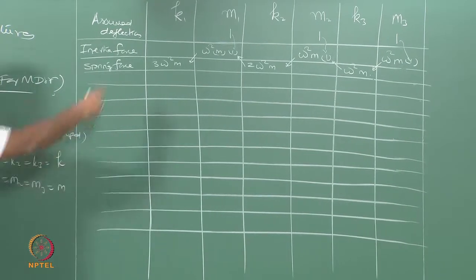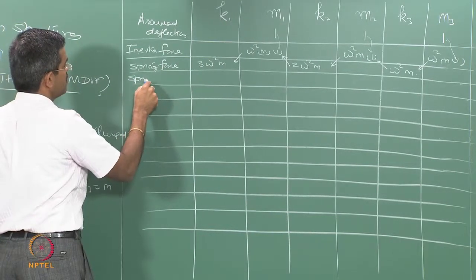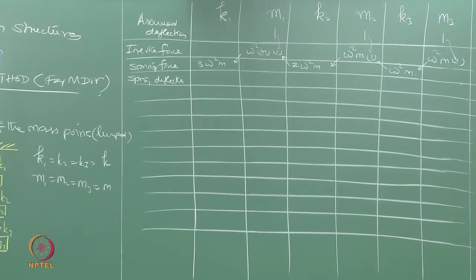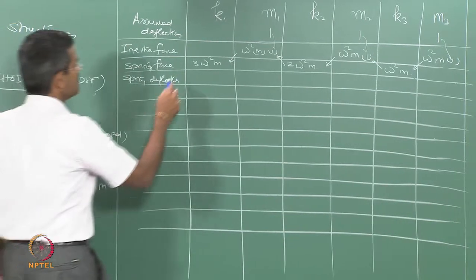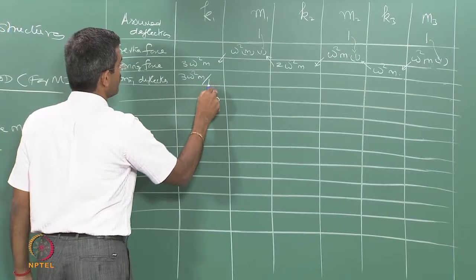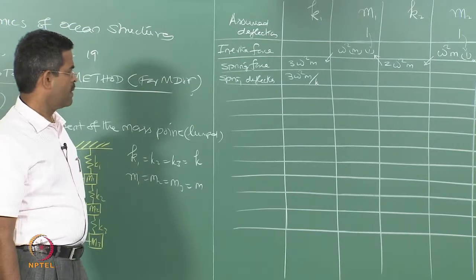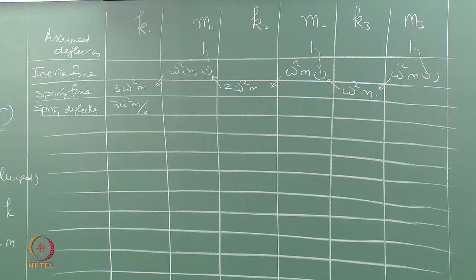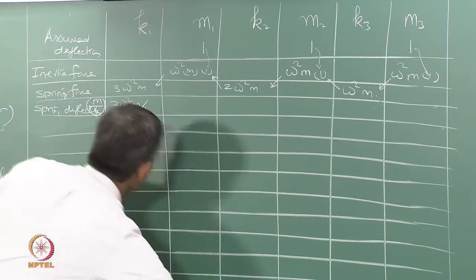Once I have the spring constant K and the spring force F, I can easily find the spring deflection, which will be 3 omega square m by K1, but it is K. So I can write m by K outside here, and simply say it is 3 omega square.